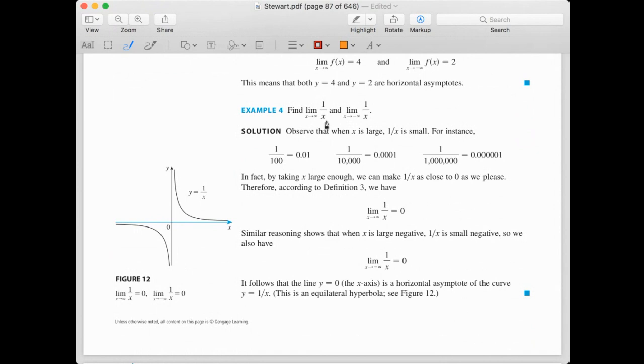But the idea is infinity. Infinity is as big as you can think, the number. So 1 over infinity is 0. Negative infinity is the same thing, also 0. So let me put it here.